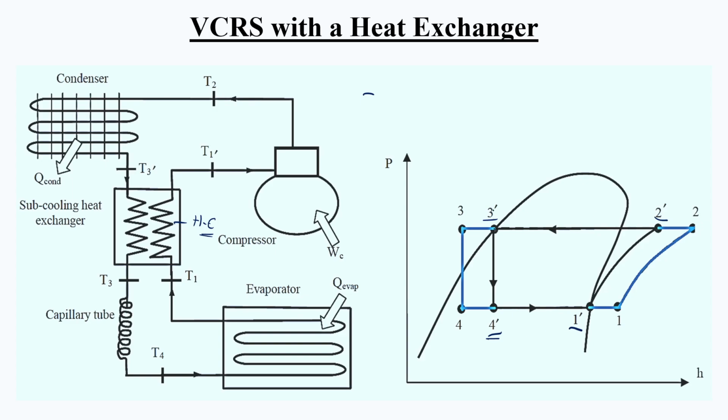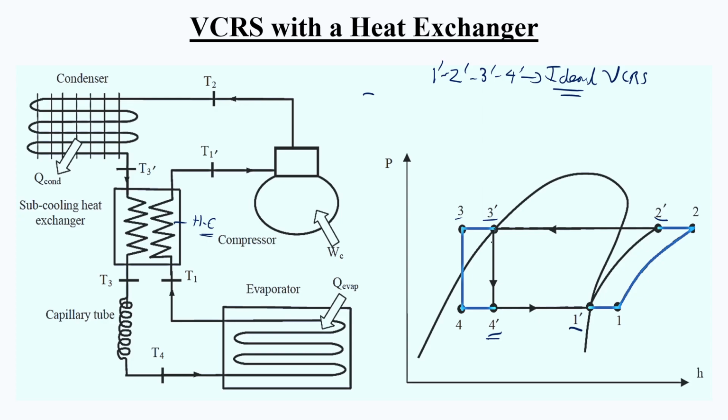Into that VCRS we are adding an additional heat exchanger, which aids in subcooling the refrigerant. The refrigerant liquid coming out of the condenser at point 3 dash will be cooled much more. As such, point 3 dash shifts to a point 3, where 3 dash and 3 lie on the same horizontal line.